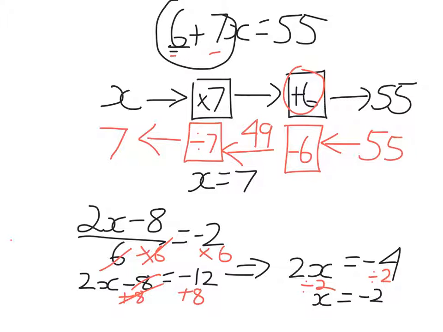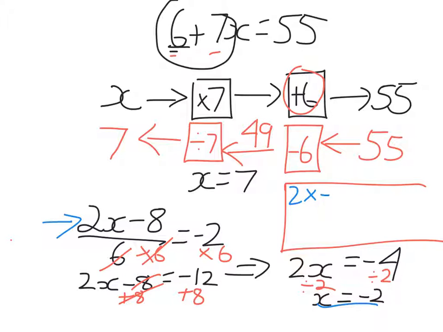Now I could see if this was the correct solution by substituting it into the equation. So I can check. I'll do that over here. So what I'm going to do is substitute x equals minus 2 into this equation and see if it gives a true statement.